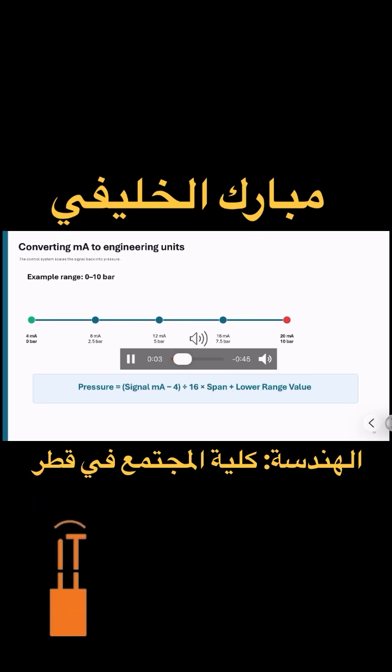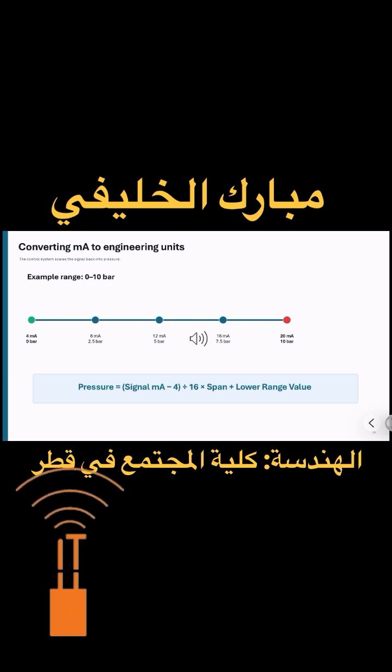Converting milliamps to engineering units. The current signal must be converted back into pressure units. For example, if the transmitter range is from 0 to 10 bar, then 4 milliamps equals 0 and 20 milliamps equals 10.